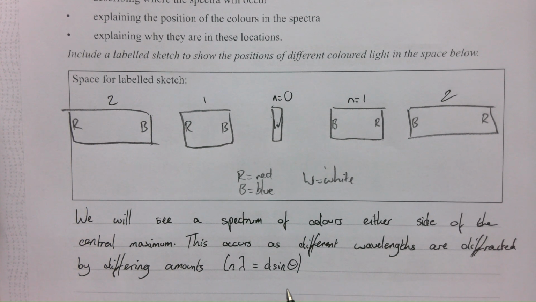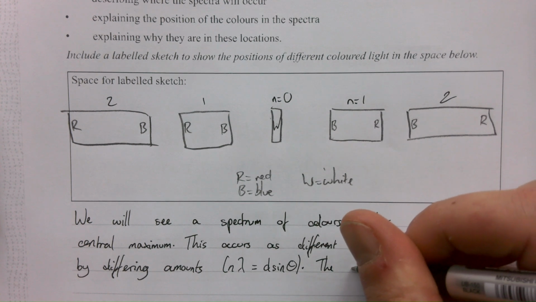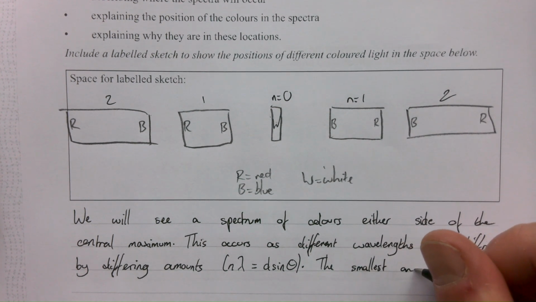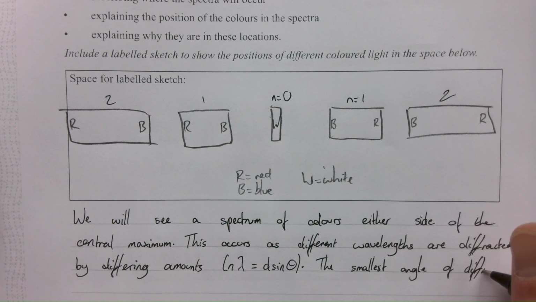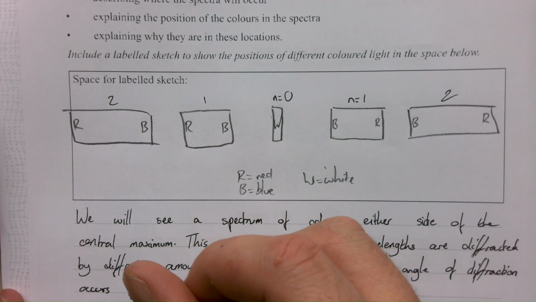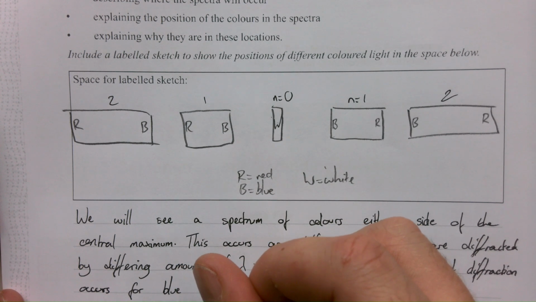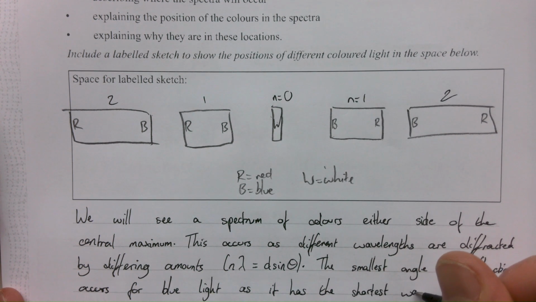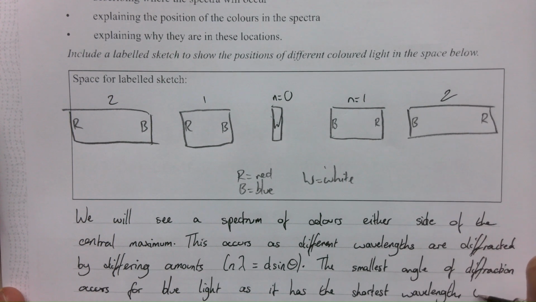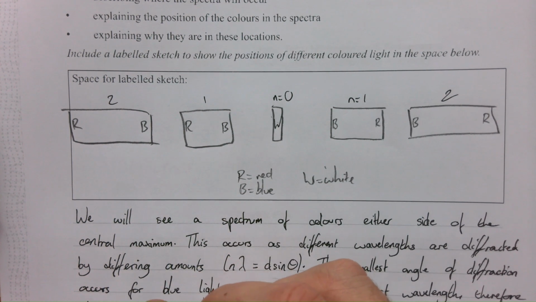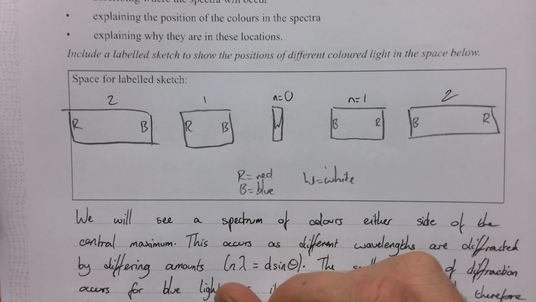So we are different amounts. So we're going to say the smallest angle of diffraction occurs for blue light as it has the shortest wavelength, therefore the smallest path difference, which is what actually leads to the maxima and minima.